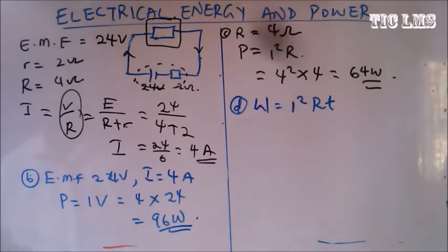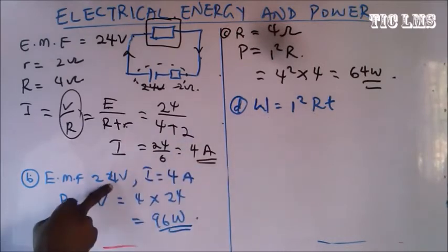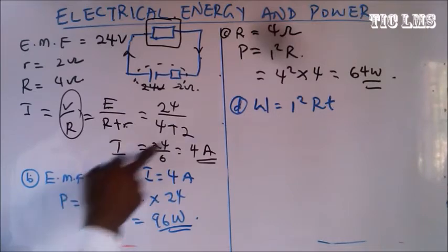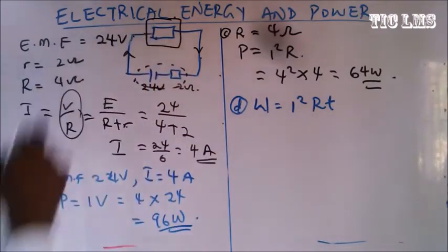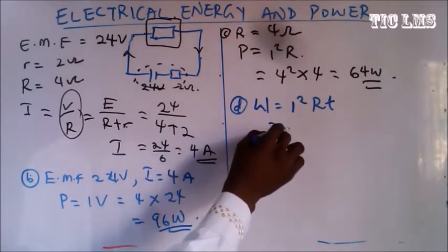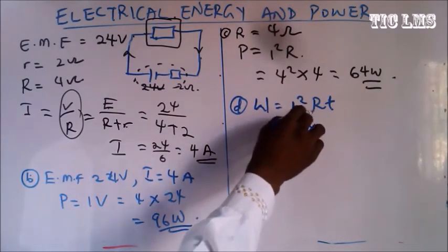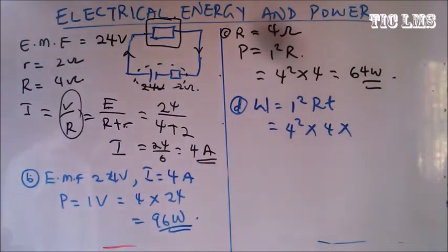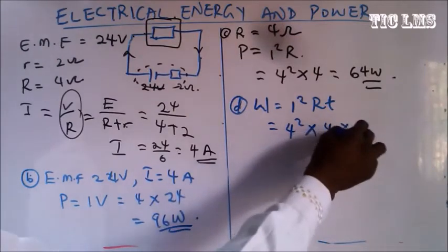Now in this case, we are not using IVT, because when we look at the voltage, the voltage we have here is the EMF. So we are using the R of the heater to calculate this. So our current is 4 squared, then the resistance is 4, and we have a time of 1 minute, and 1 minute is same thing as 60 seconds.